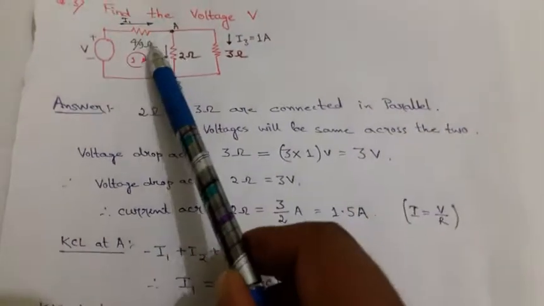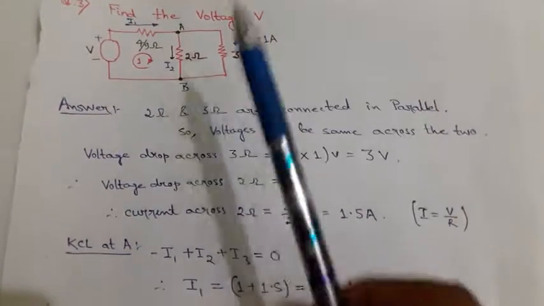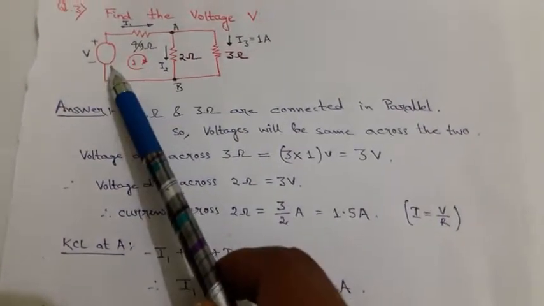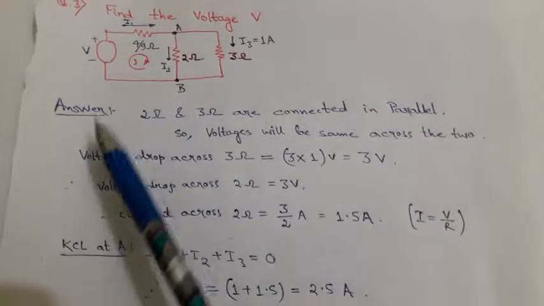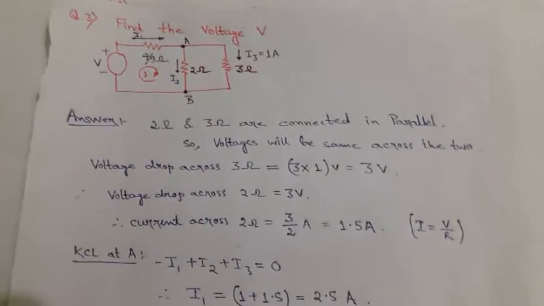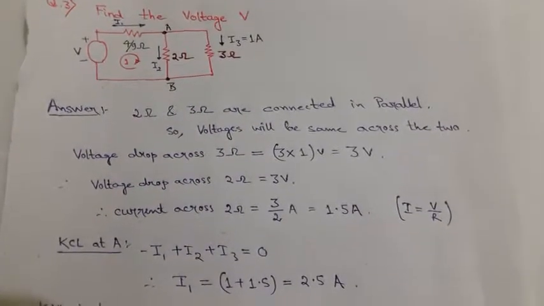Now apply KVL in this loop, that is in this first loop. Here you can find, I start from here, so minus to plus, that is I will take it as negative, that is the source is always taken as negative according to the IEEE convention.